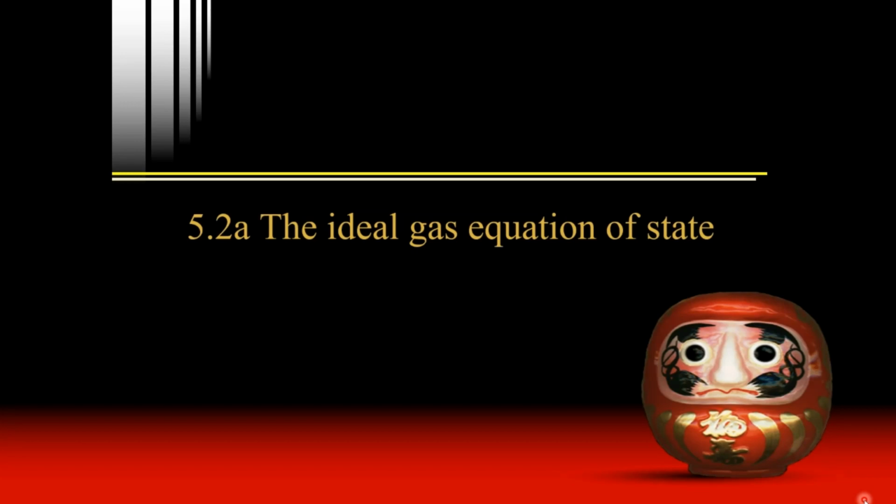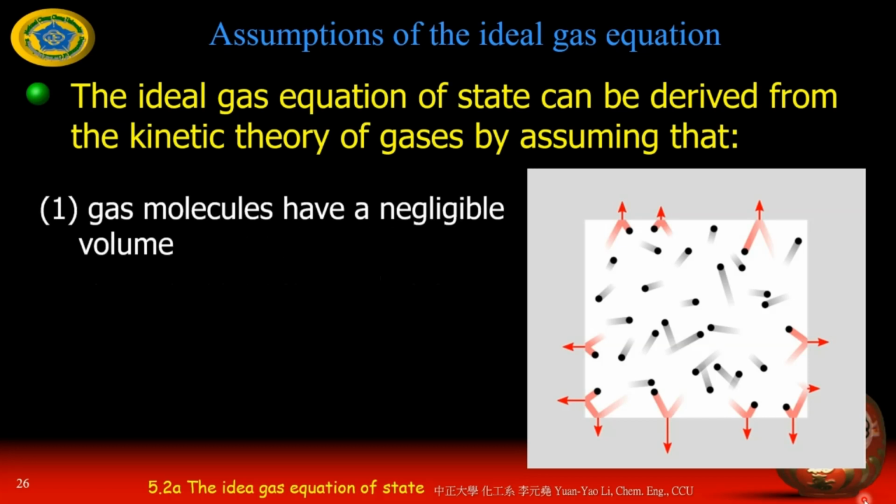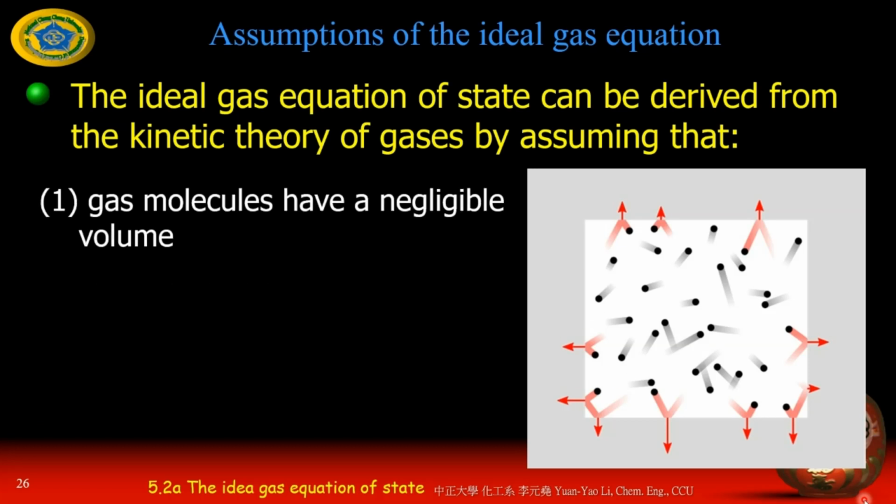So let's move to the ideal gas equation of state. The ideal gas equation of state can be derived from the kinetic theory of gases by making assumptions.